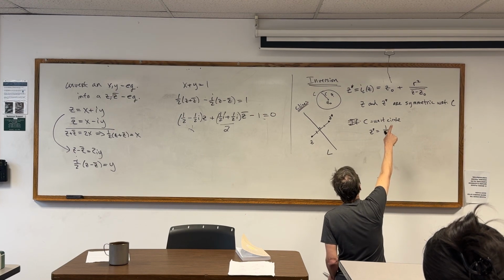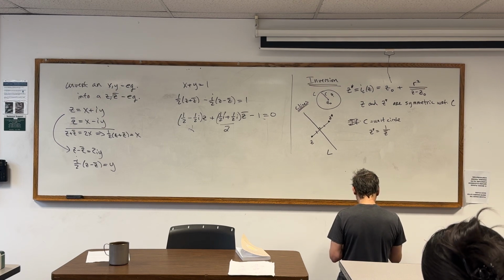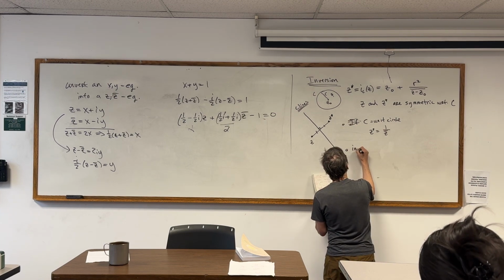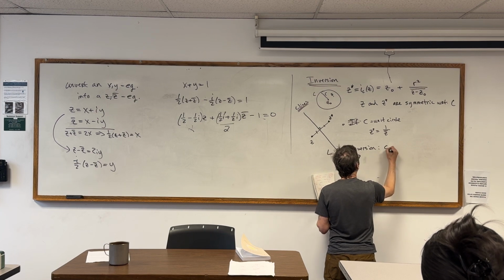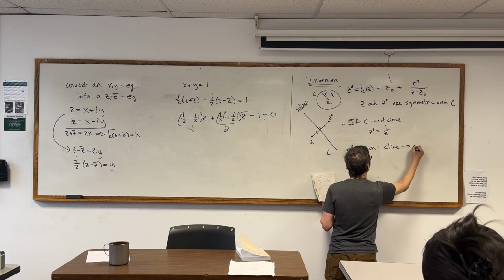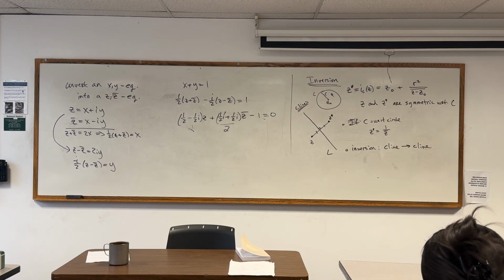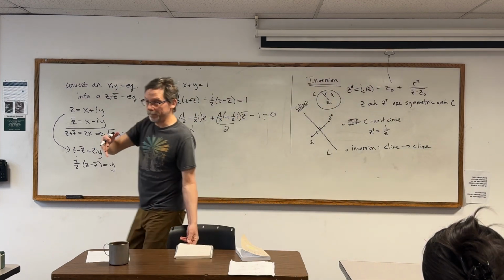It's really just that formula with R equals 1 and Z naught equals 0, so it's nothing super shocking. We also know that inversion takes clines to clines, sends a cline to a cline. And I want to talk a little bit about that right now. So it takes a circle or a line to a circle or a line.